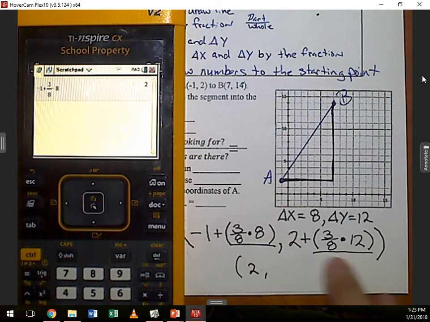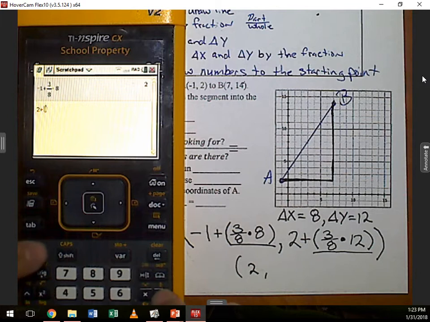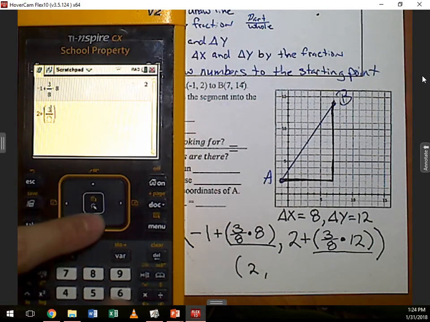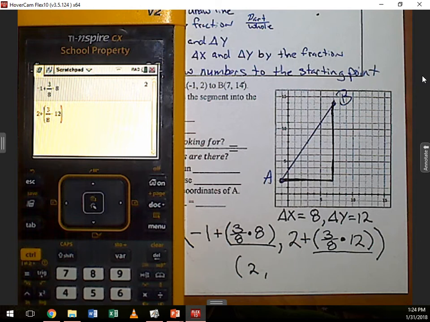Now we're going to do the same thing for the y value. 2 plus parentheses 3 over 8 times 12, close. Now watch this. Let's just go enter right here, and it comes up giving me 13 over 2.